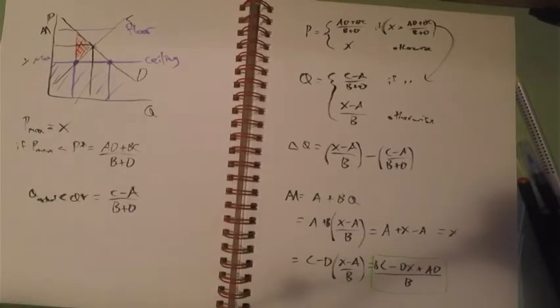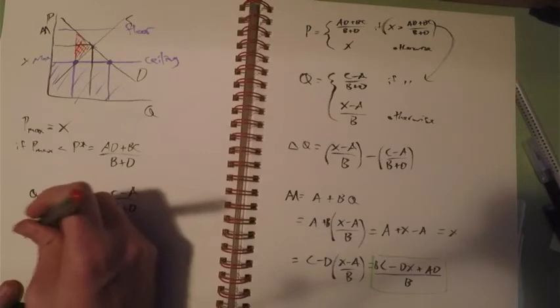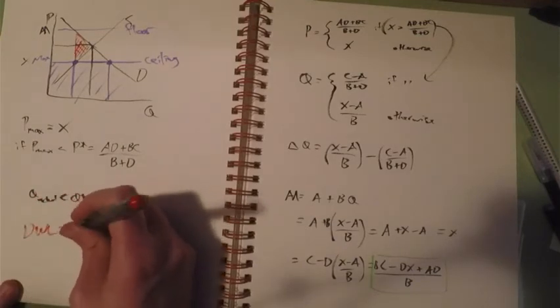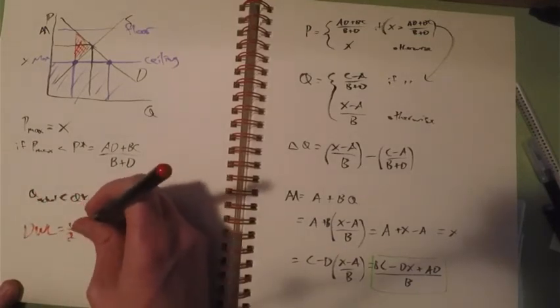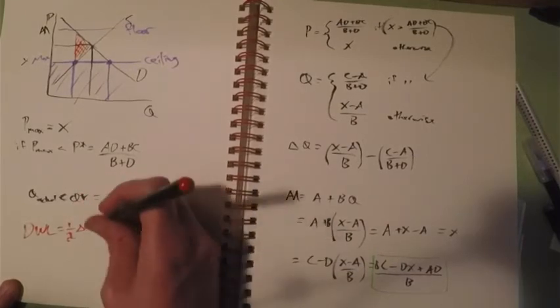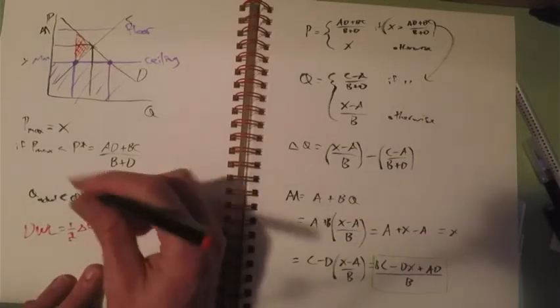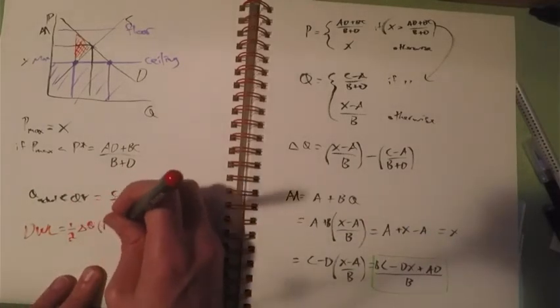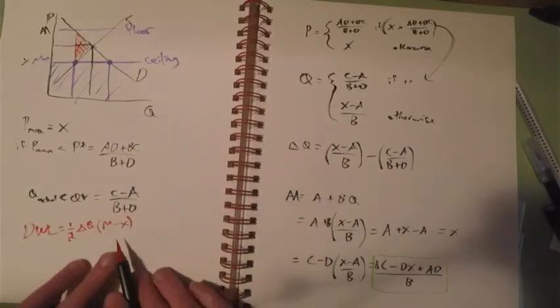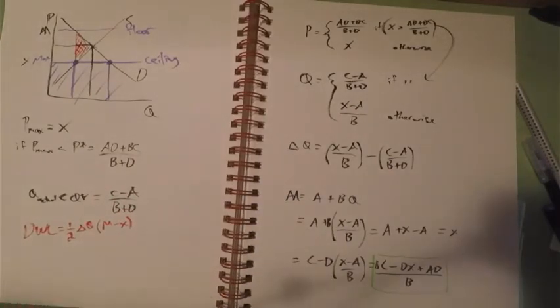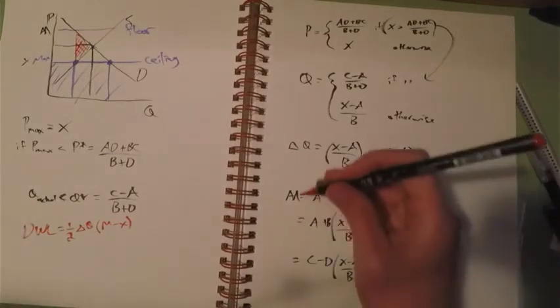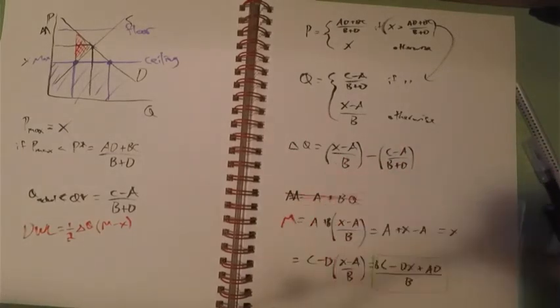And let's do this in red just to make it explicit. Deadweight loss. This is going to be 1/2 times delta Q, which we've got over here. Again, we can just plug in those numbers, times M minus X. I guess M minus X we could do, so let's just say this isn't M, this is M. Oh, sorry, no. That was M when I was doing the supply curve.